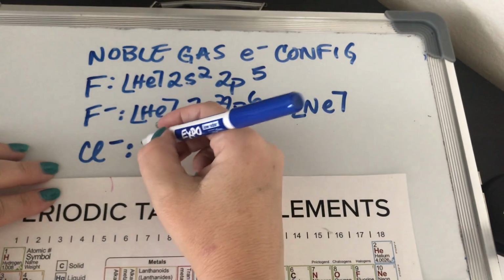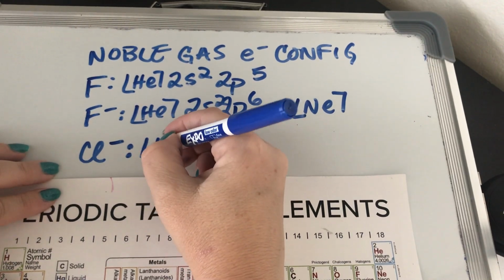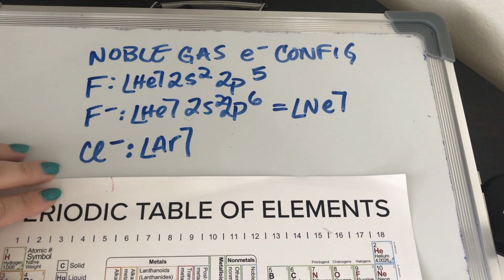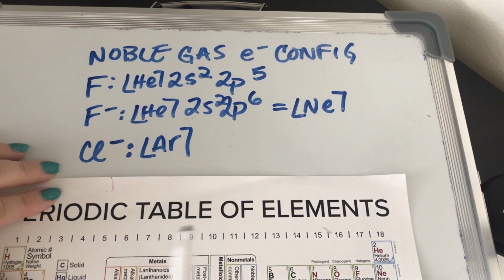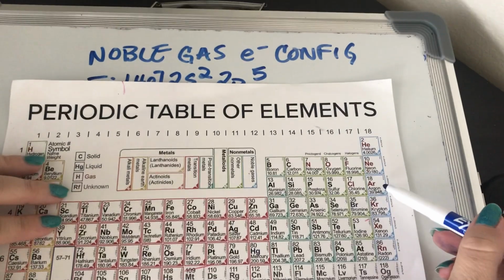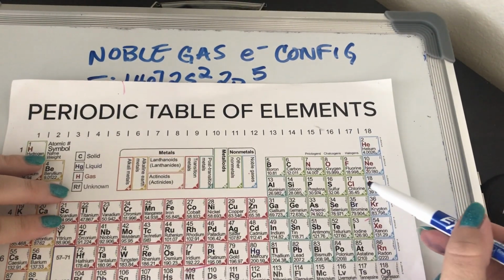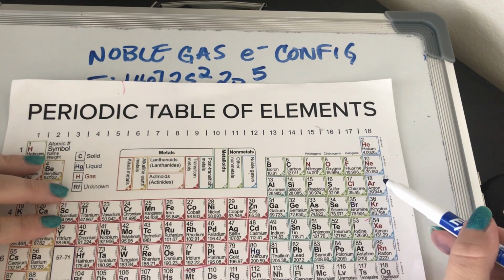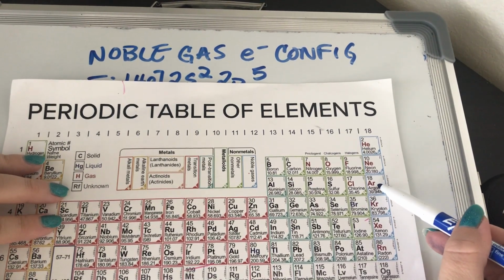Neon? As an ion, now it has the electron configuration of argon, because it's jumping from where it is in valence electrons to the noble gas.